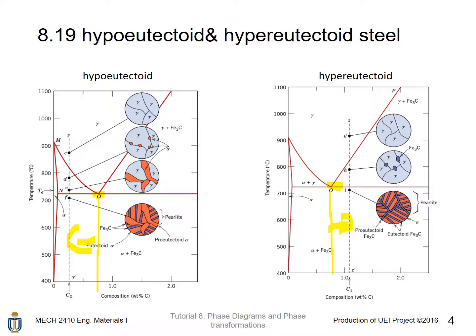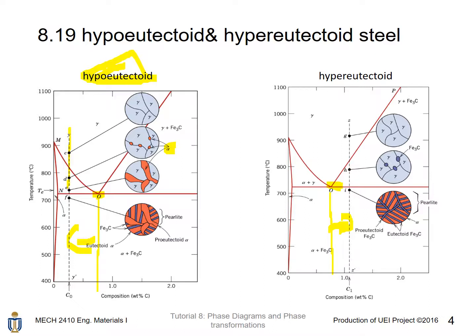Using a similar argument used earlier for this phase change in terms of the microstructure, for hypoeutectoid steel, when it enters this region, some primary alpha phase grains will form first, denoted by the red region shown here.